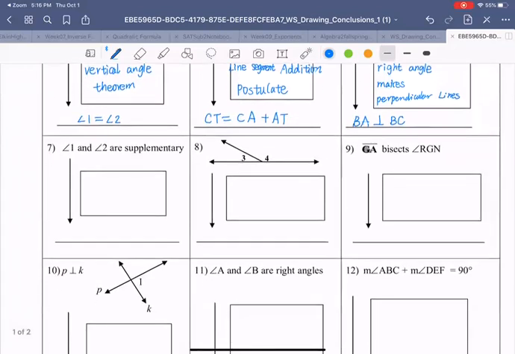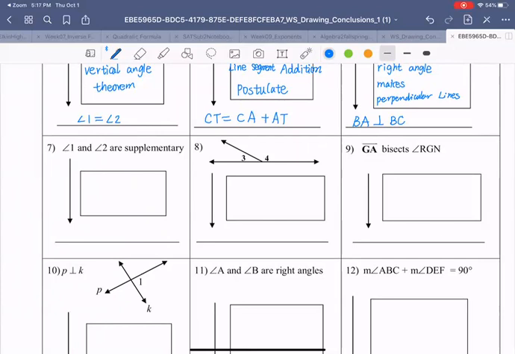Now look at number 7. Supplementary, what does supplementary mean? Supplementary means it's equal to 180. Good, who plus who? Angle 1 plus angle 2.